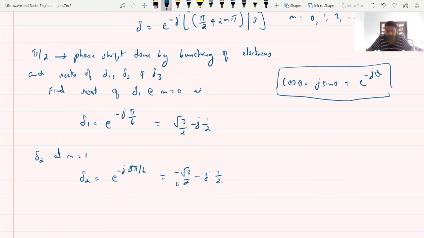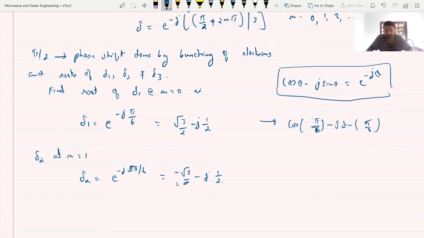Theta is nothing but pi by 6. Like that we will get pi by 6 minus j pi by 6.